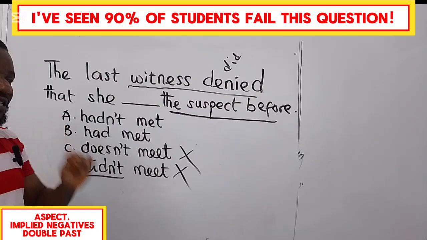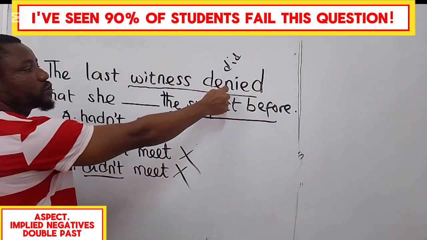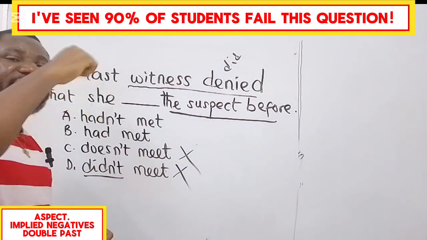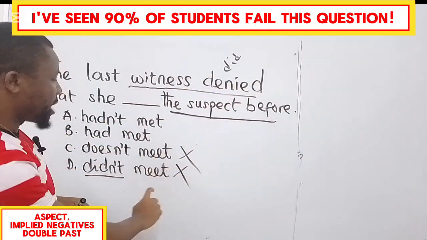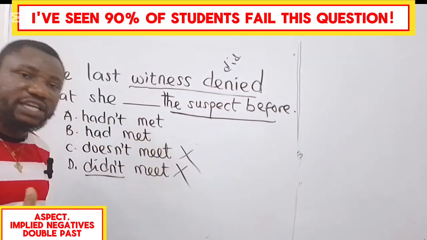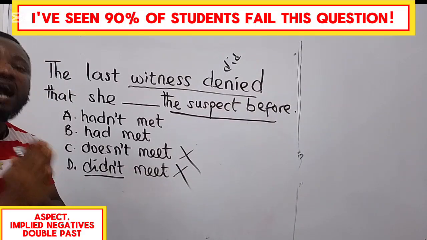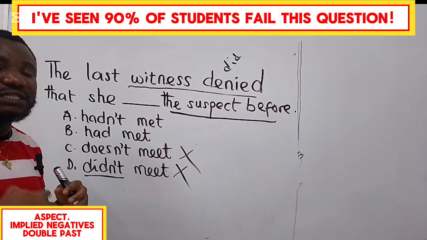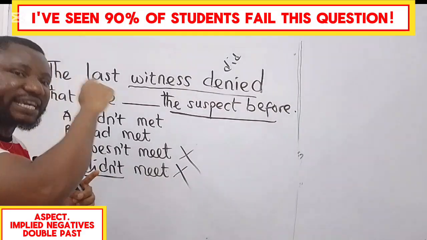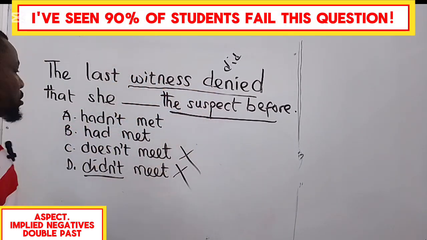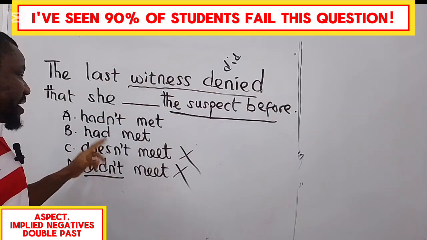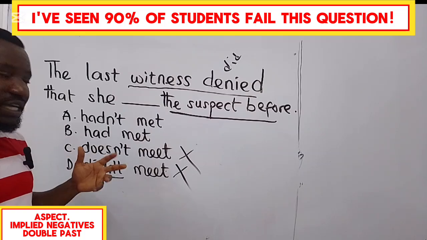And remember, I did say that when you have words with hidden negative being used in one of the expressions, your answer should contain a positive had. Go for the option that is positive and not negative, because what you have here is negative already. So between hadn't met and had met, which is positive and which is negative?